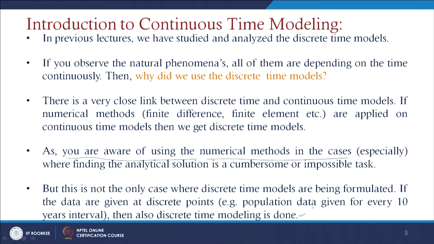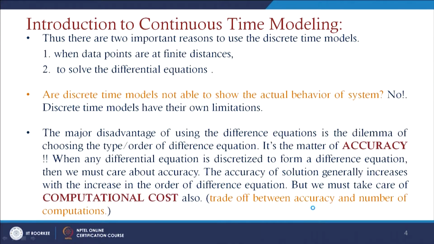In that sense, we then go to continuous modeling. There are two important reasons to use discrete time models, especially when data points are at finite distances. This means we can use this model when the points are equidistant.